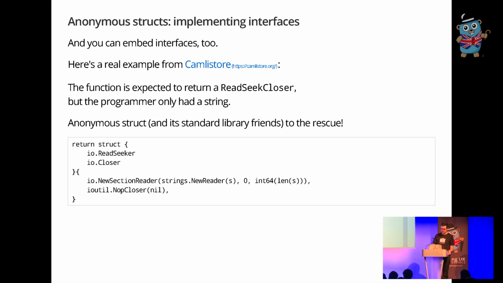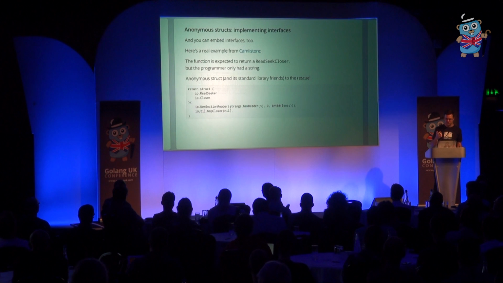And it was Brad Fitzpatrick who wrote this. He created an anonymous struct with the embedded fields Reader, Seeker, and Closer. And then he used an io.SectionReader to wrap a string reader. So the string reader gives you a reader that yields the string. The section reader gives you a ReadSeeker that reads the string.